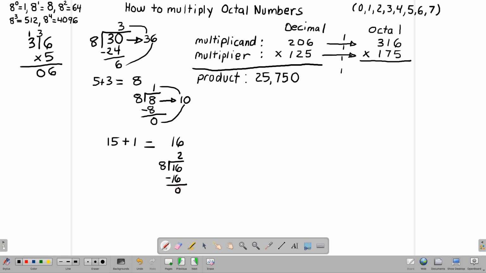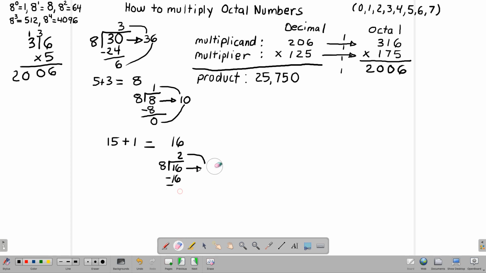Subtract. We have the value 0 as the remainder. And what this says is that the value 16 is represented in octal as 2, 0. So 2, 0 is carried over here. And so that represents 316 times 5. We can put that here. So we put 2, 0, 0, 6.